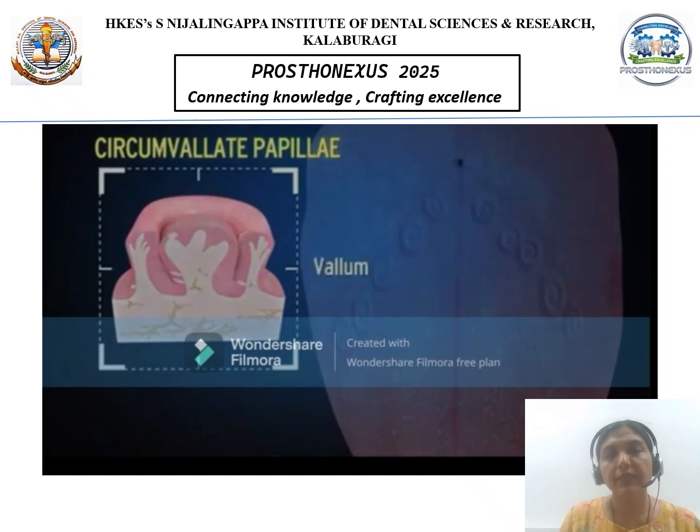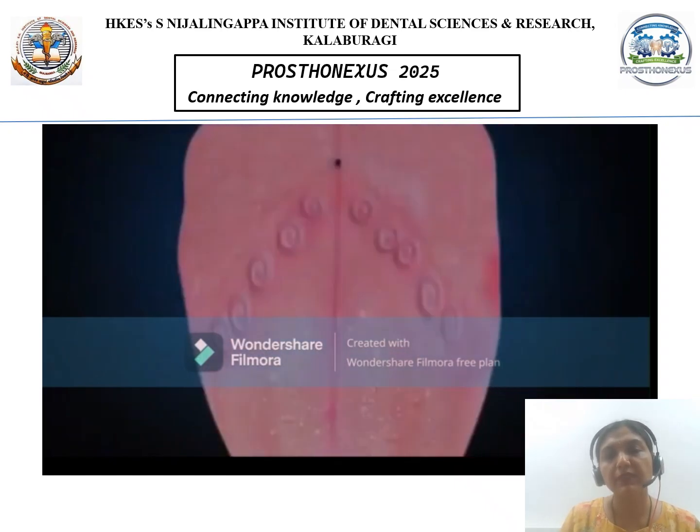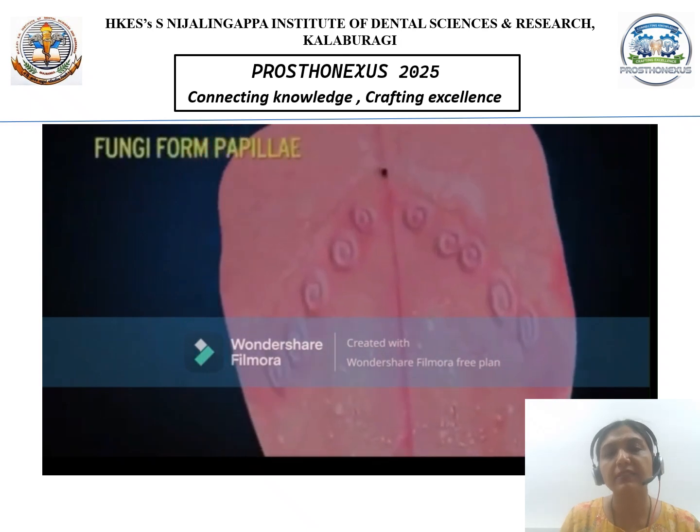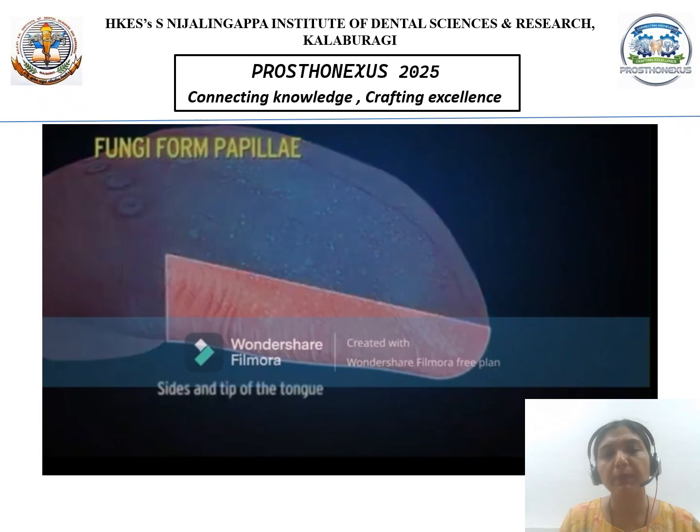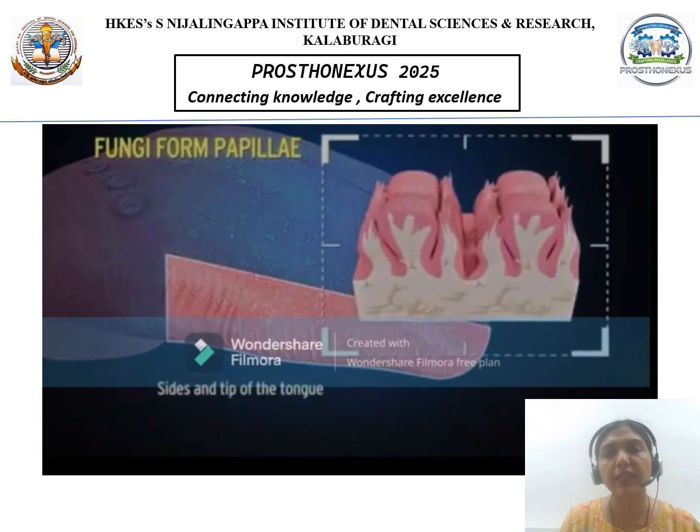Then there is this vallum which is present, which is valley-like. This is the sulcus terminalis and these are the circumvallate papillae. Now fungiform papillae are mushroom-shaped papillae present at the side. You can appreciate them over here, at the lateral, and this is how you can see they are mushroom shaped.